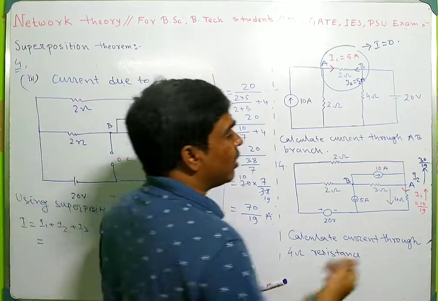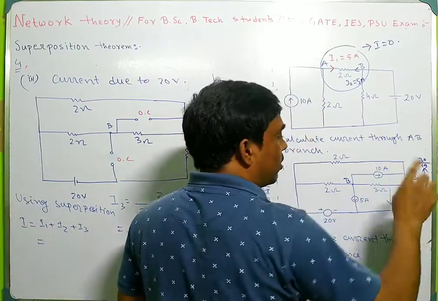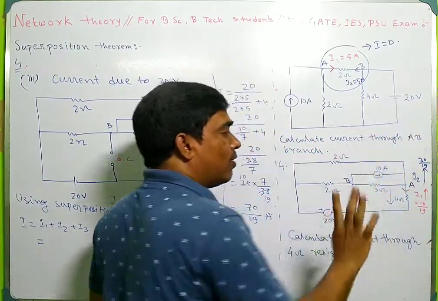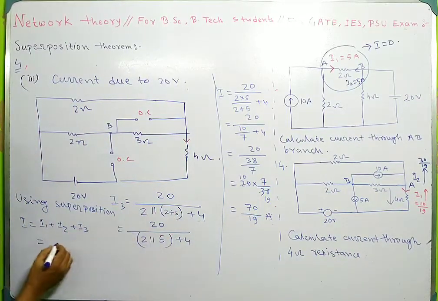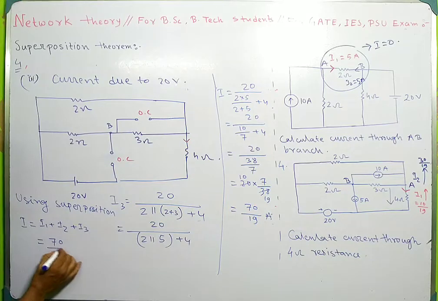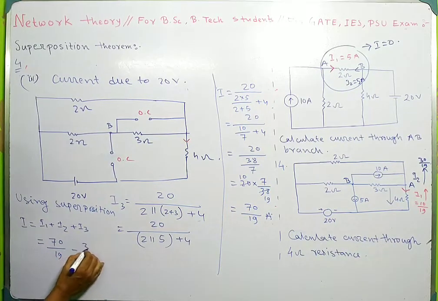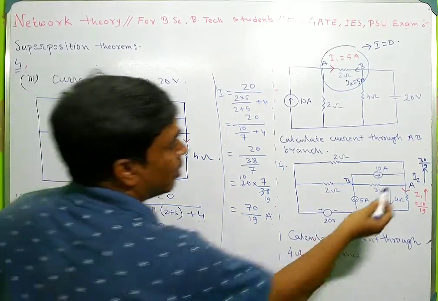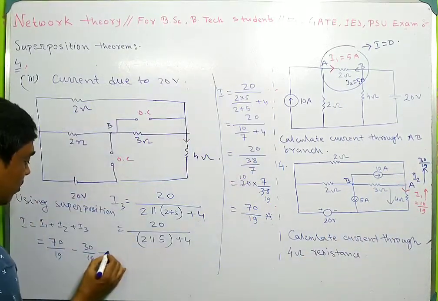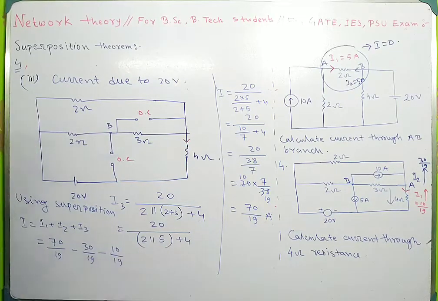If we take this direction as positive and this direction as negative, then it will be 70 by 19 minus 30 by 19 minus 10 by 19.